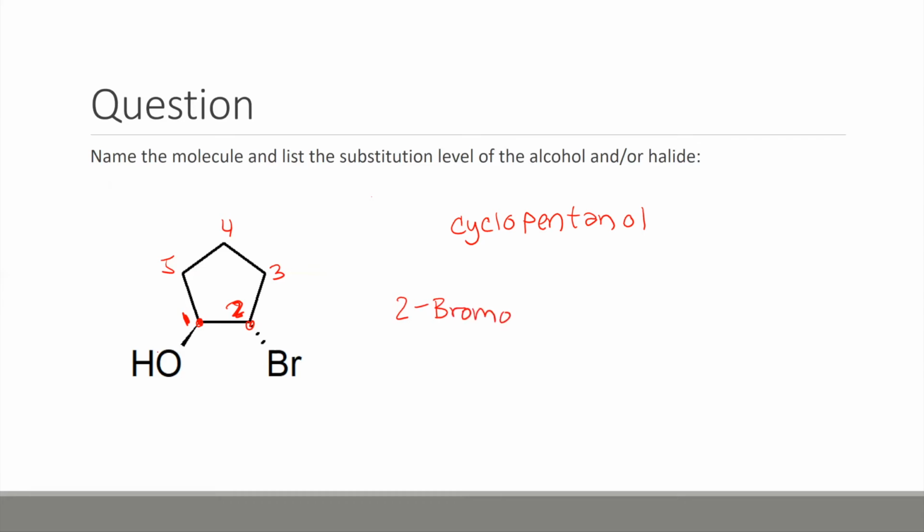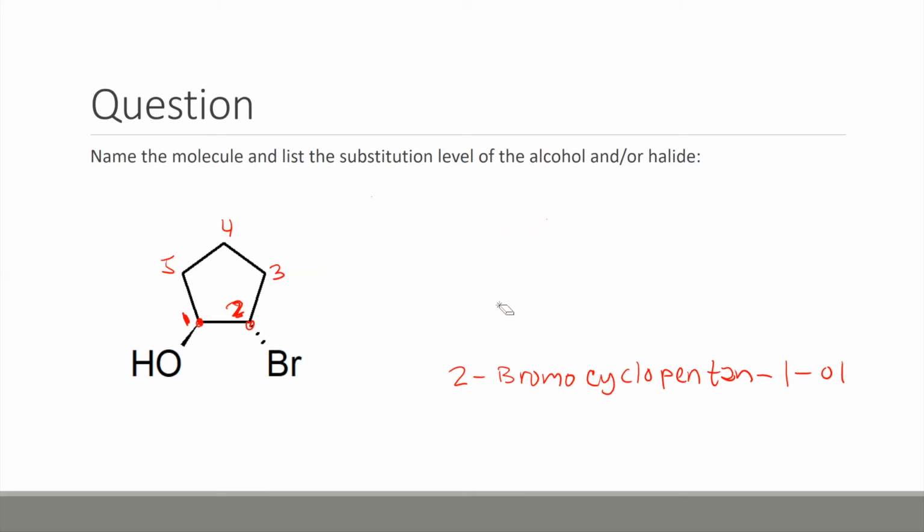And the OH is in position 1, so if we put these together, we have 2-bromocyclopentan-1-ol. Okay, so here is the base name of that structure.